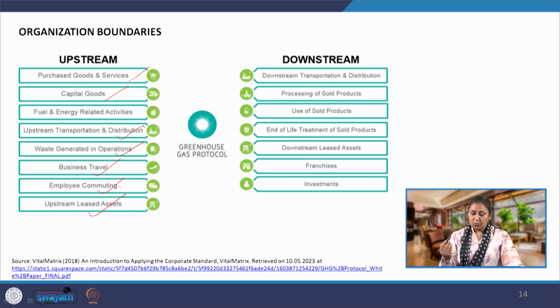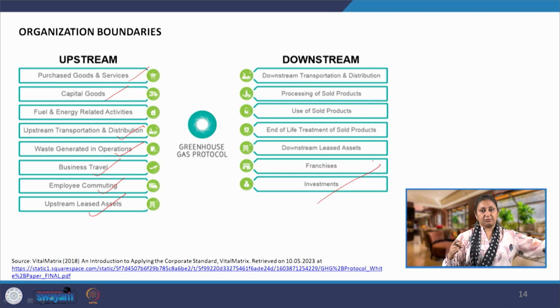Downstream is where the processing of sold products and use of sold products is happening, or end of life treatment of sold products, or the downstream leased assets, franchisees, investments. So, all this is downstream.